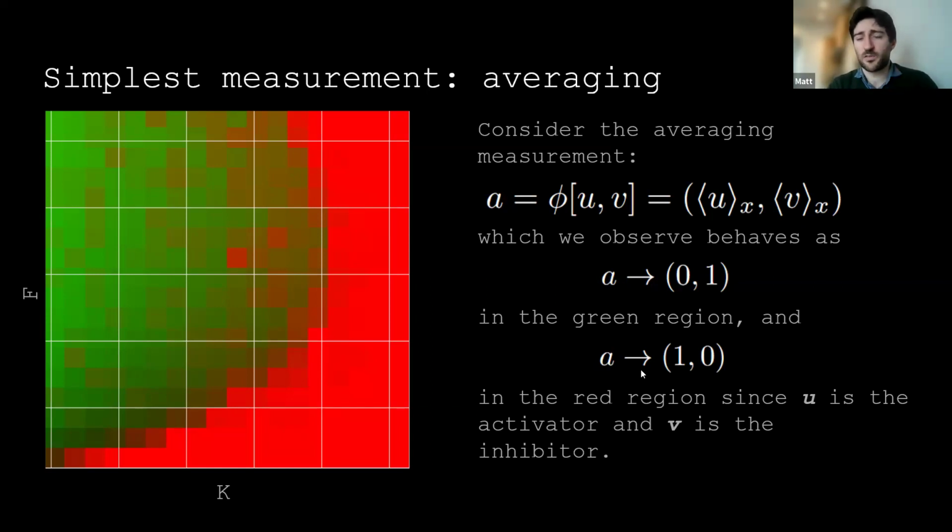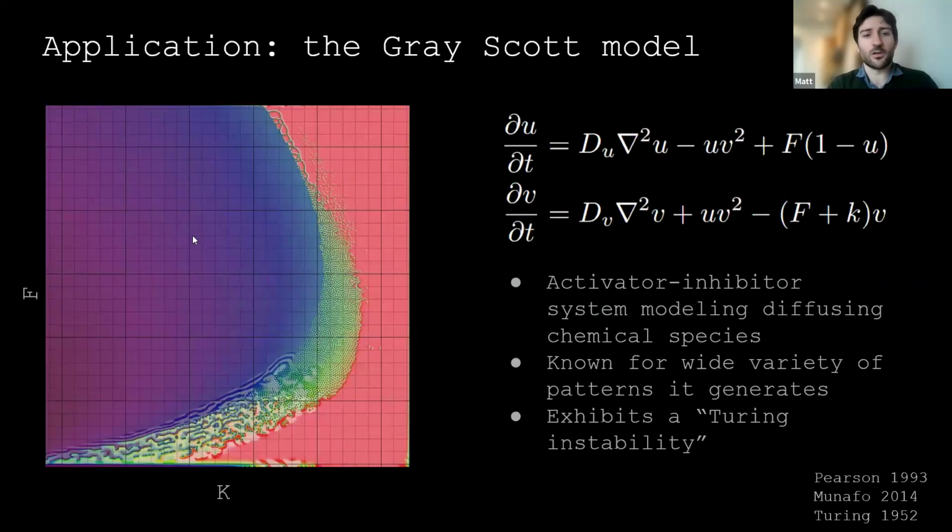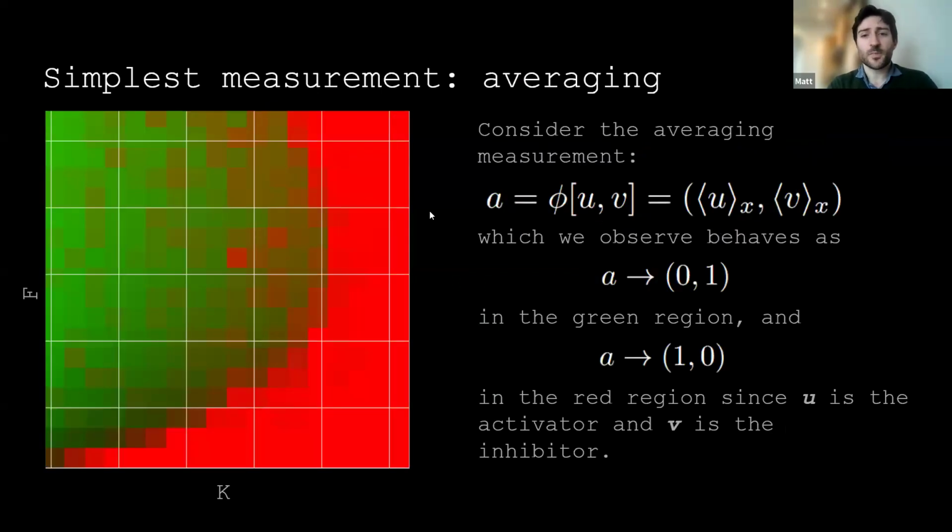And that's precisely because of the activator-inhibitor dynamics and because of what we saw in these two spatially homogeneous parameter conditions, right? But this reports essentially the coarsest possible thing, the temperature, if you will, of Gray-Scott.